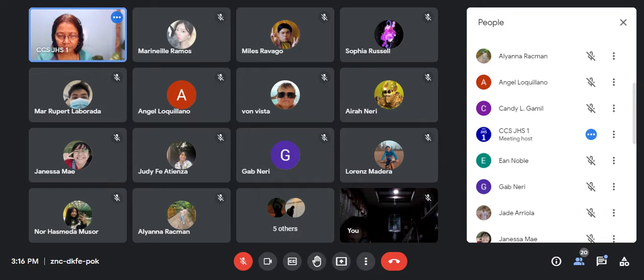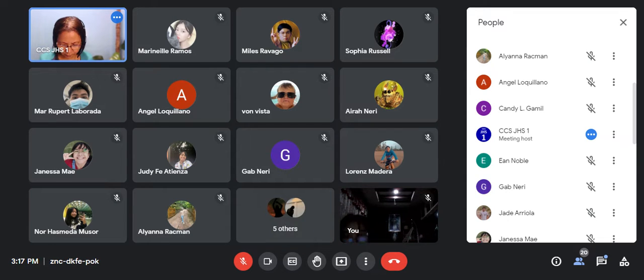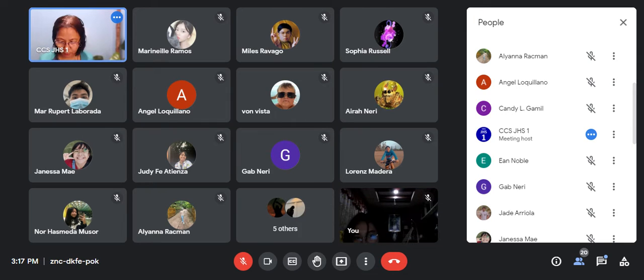O pwede wala background para dili mag-lag ang other students. Mar, no camera. Jade also. Huyang ang internet karon siya. Yeah, that's why I asked your classmates to remove backgrounds. If possible, do not use backgrounds.